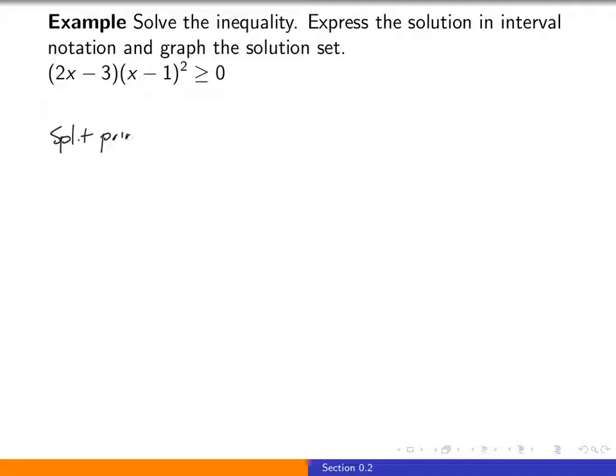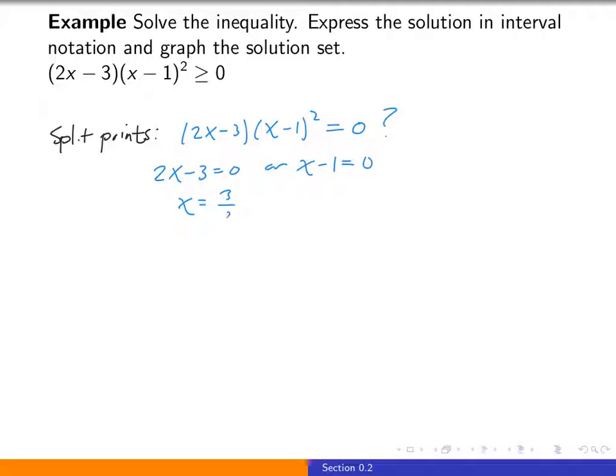What we would like to know is where the polynomial expression on the left, 2x minus 3 times x minus 1 squared, is equal to 0. Well, this equals 0 when 2x minus 3 is 0, or x minus 1 equals 0. So x equals positive 3/2, or x equals 1.